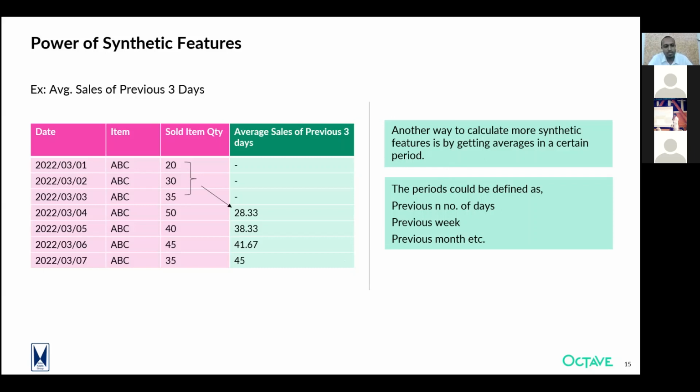On the 4th of March, the average sales of the previous 3 days would be the average of the sales from the 1st of March to the 3rd of March combined. And then on the 5th of March, that will be the average sales of the 2nd, 3rd, and 4th, right?